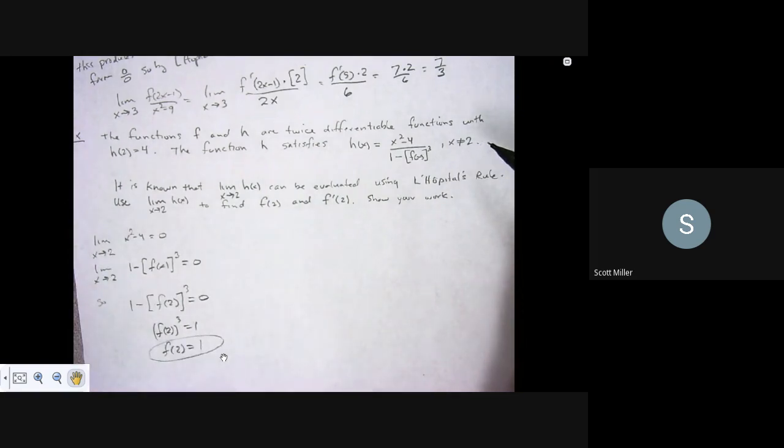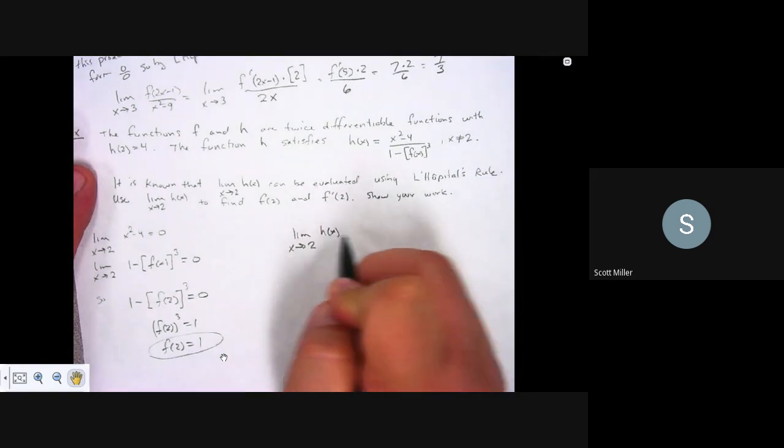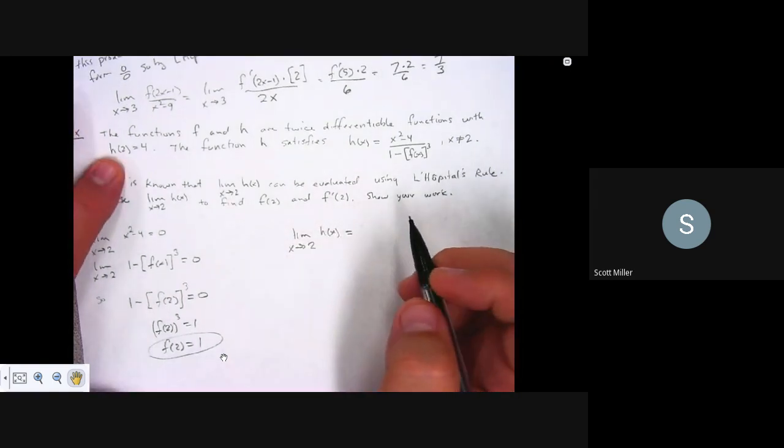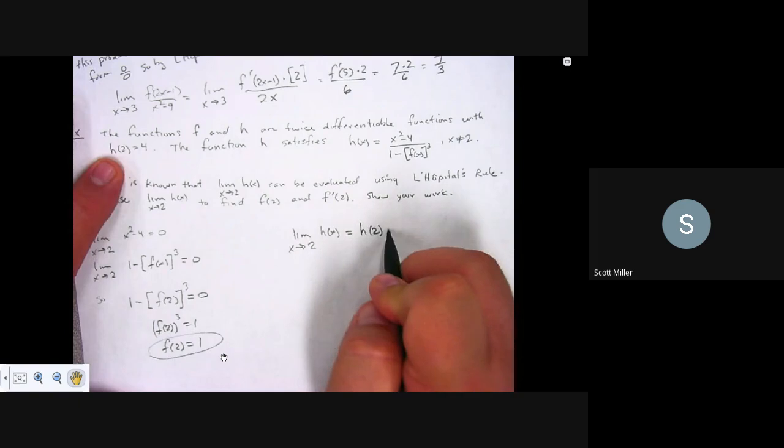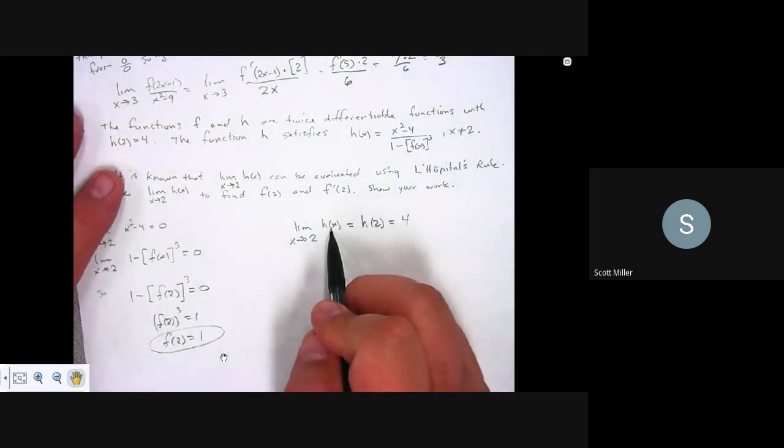Remember, differentiability implies continuity. That means the limit as x approaches 2 of h of x must equal the value of the function at 2, which is equal to 4, because it has to be continuous. So the limit as x approaches 2 of this function h is 4.